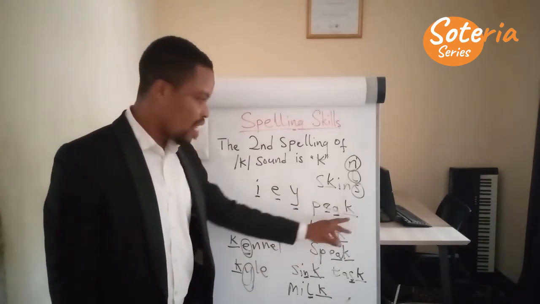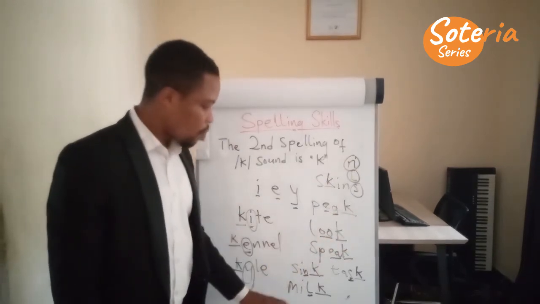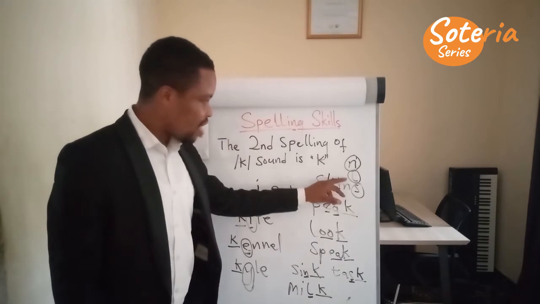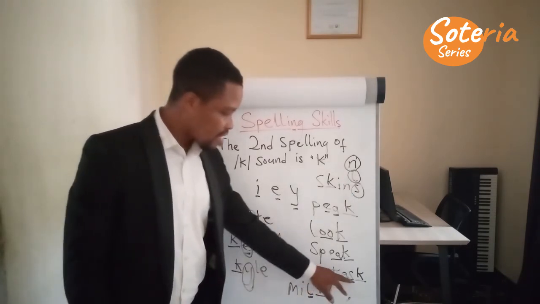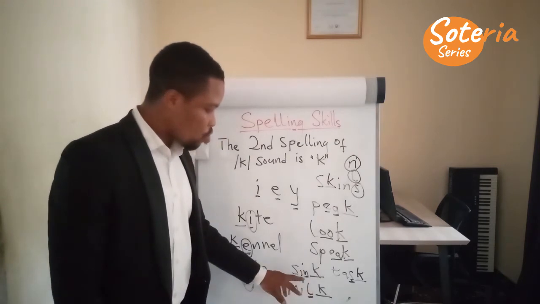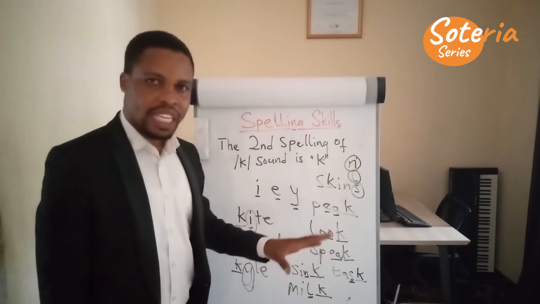It is K. That is why peak, look, speak, and so many other words are like this. And then the consonants N, L, S, as in sink, milk, task. Because of the consonant N, L, and then S, we spell with K and not any other.